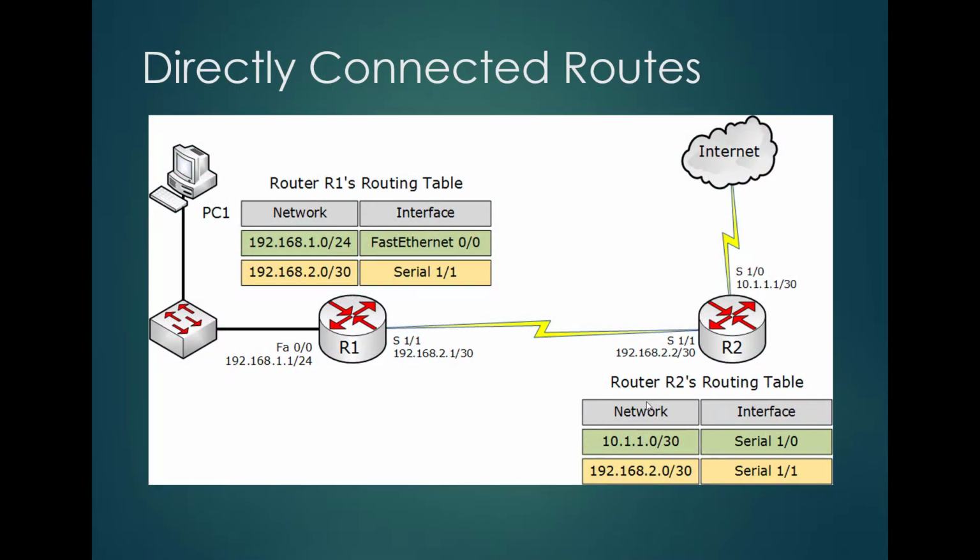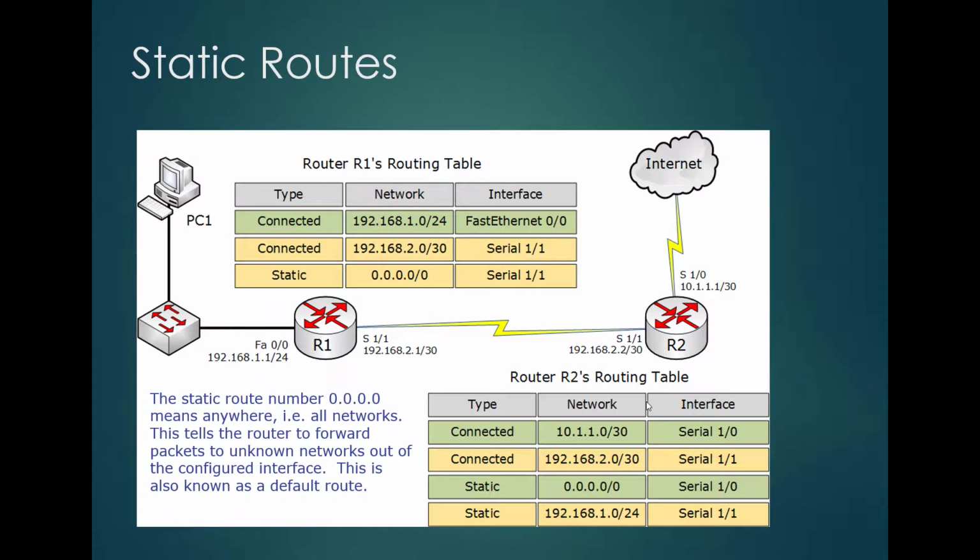Here in this diagram, we're going to see connected routes. So router 1's table knows 2 network routes. Router 2 knows 2. So now the problem is we have 3 networks here, right? So we can't go from PC1 all the way out to the internet because we don't know how to get there. Not yet. So what we're doing is adding a static route saying, okay, anything that doesn't match the top two choices, send it to this interface and let him make that decision.